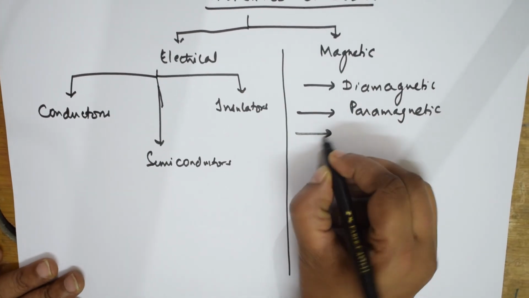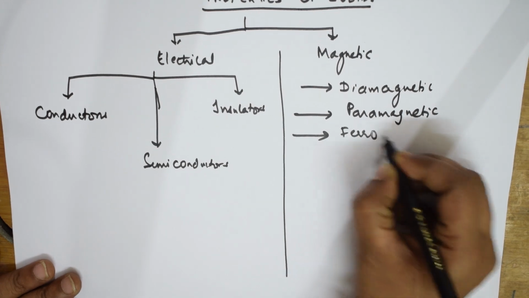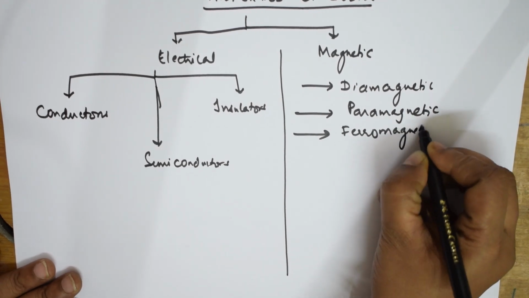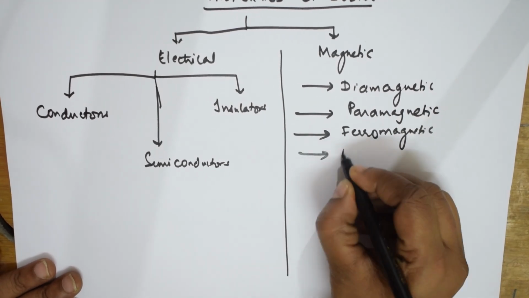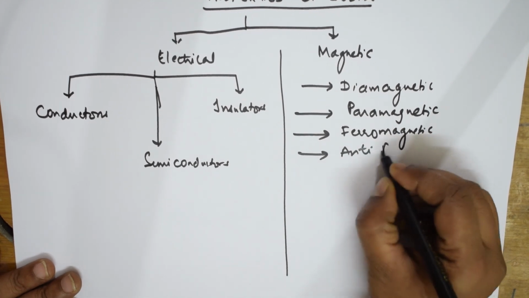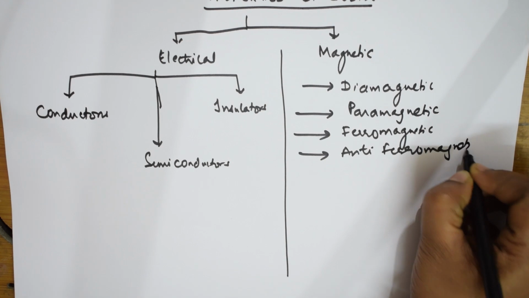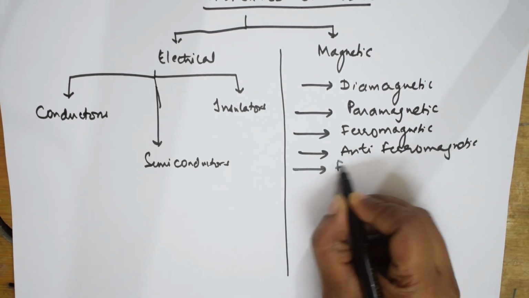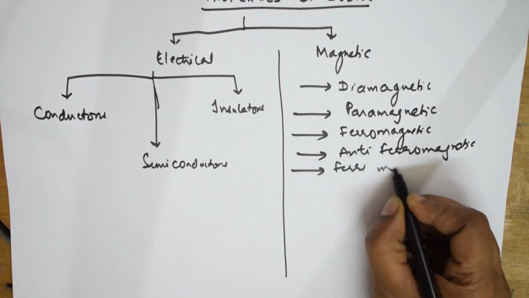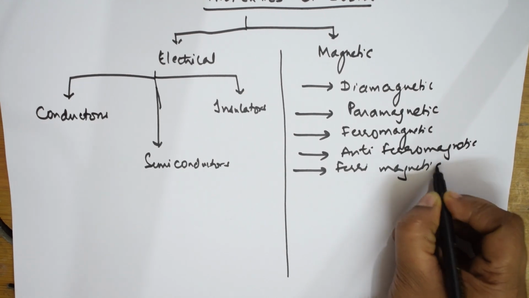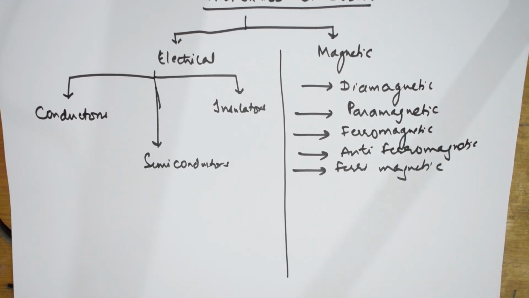Next variety is ferromagnetic. Next variety is antiferromagnetic. Next would be ferrimagnetic. Right? These are the different types of magnetic properties.